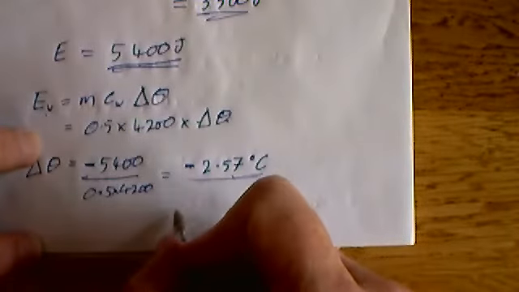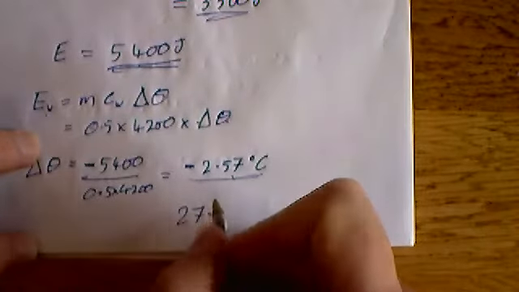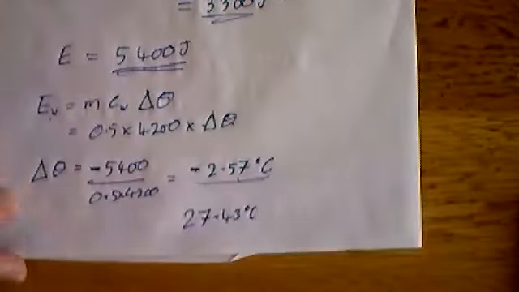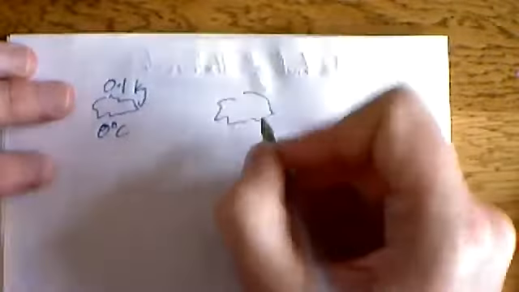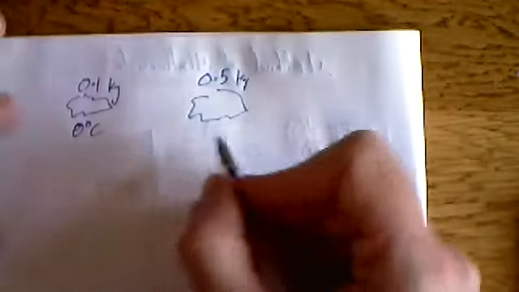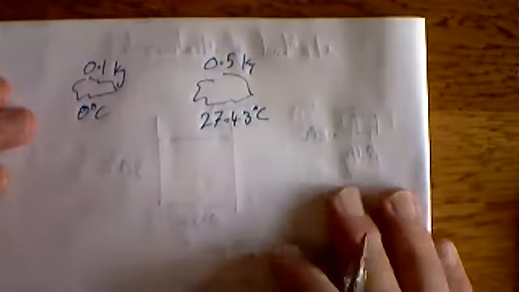Take away that, so our water in the glass is now 27.43 degrees C. So now what we've got is some water at 0 degrees C. And we've got 0.1 kilograms of that, and we've also got 0.5 kilograms of water at 27.43 degrees C. Now those two are mixed together in a glass.